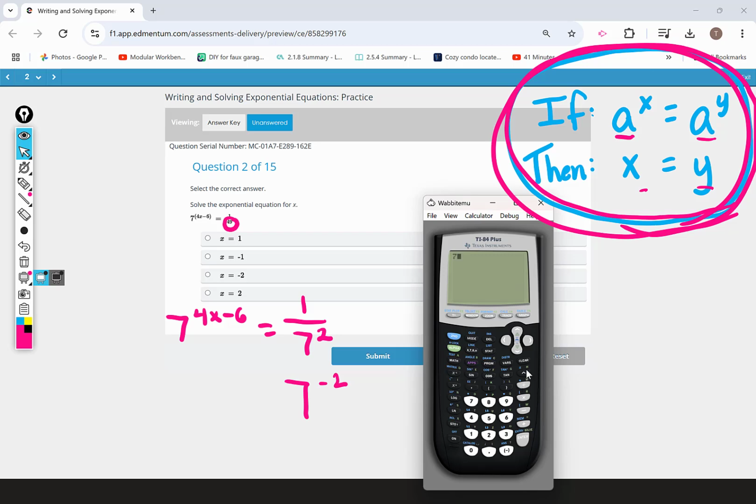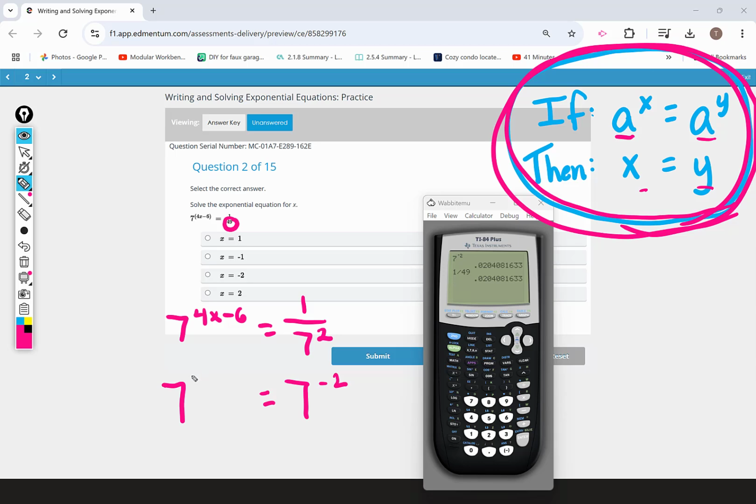If we take 7 and raise it to the -2 power, we get 0.0204. Well, if you take 1 and divide it by 49, you get that same decimal. So we've just rewritten 1 over 49 in a different format so that it has a base of 7.